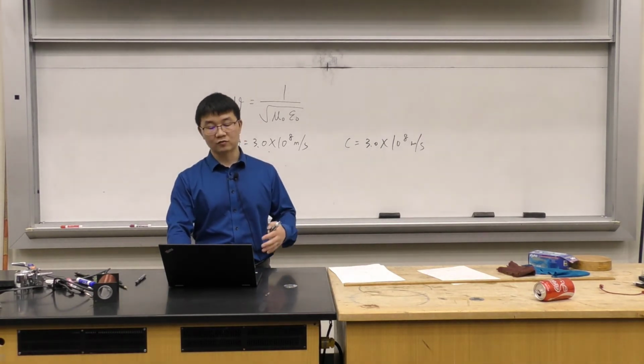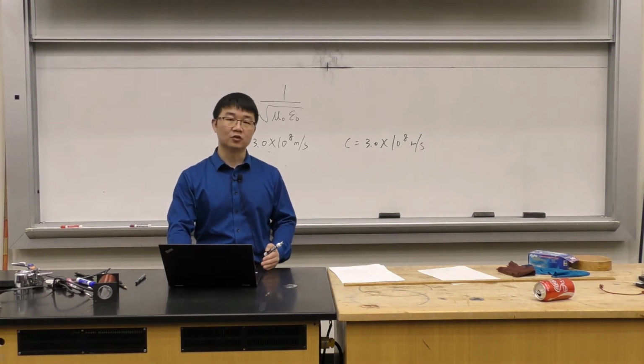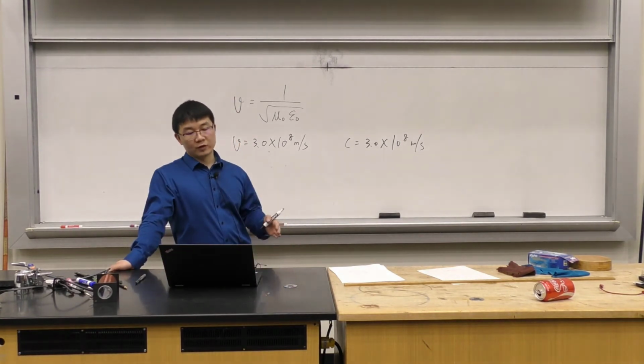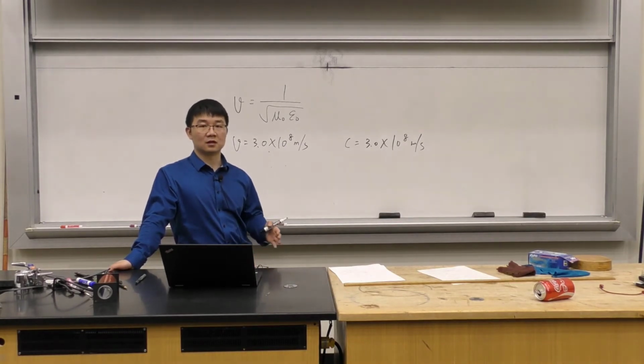There's some strong evidence in our life that E&M waves can travel in vacuum. What is that evidence? Pause the video, think about it. There's some strong evidence that E&M waves can travel in vacuum and reach us. That's sunlight. Sunlight is E&M waves.